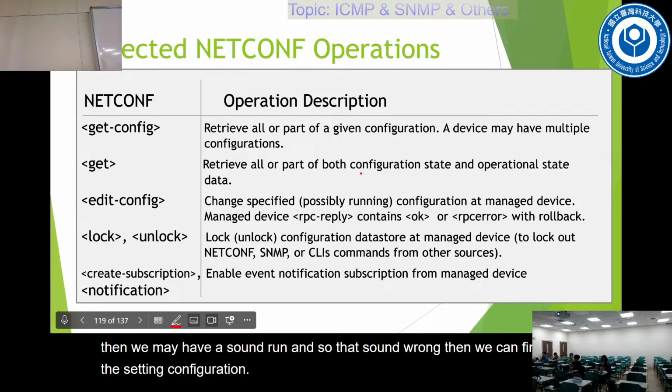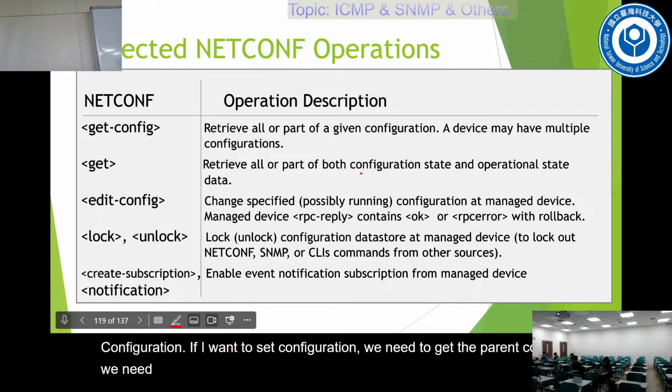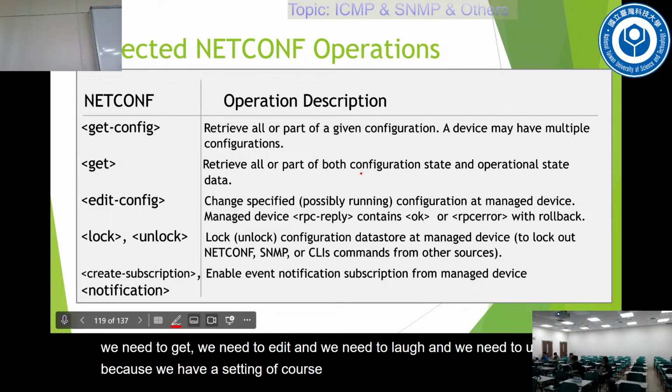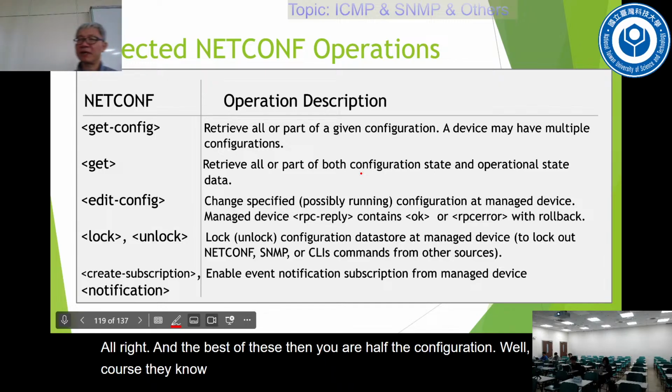If you want to set the configuration, we need to get the current config. We need to edit, and we need to lock, and we need to unlock, because when we have the setting, of course, we may have conflicts. Based on this, you will have the configuration.